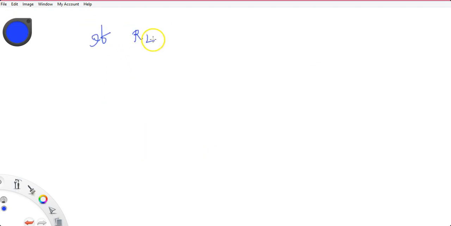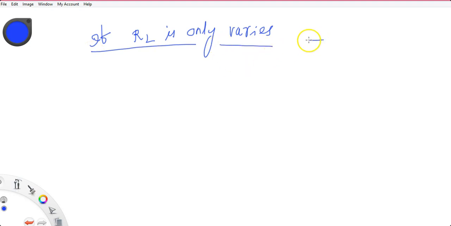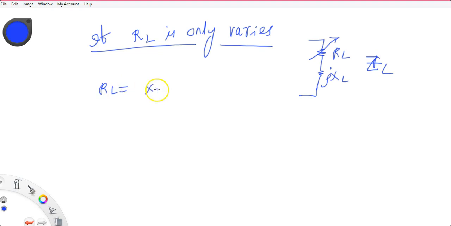If RL is only varied, the last case was both RL and XL varied. Suppose the case is the RL variable like this. In this case, we have already found RL is equal to the square root of (XS plus XL) square plus RS square.